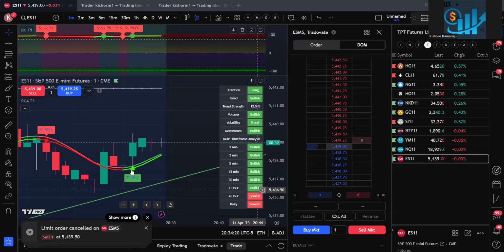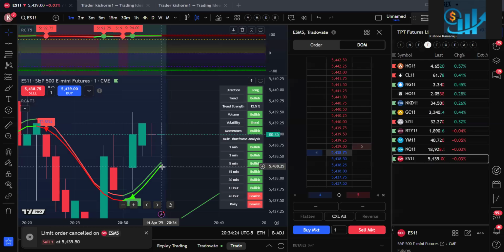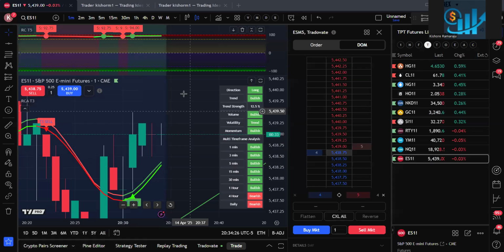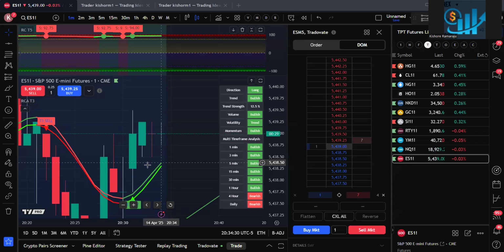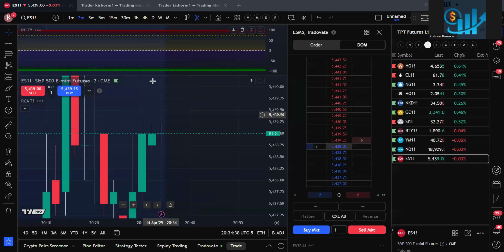Again, it can move much further high. But if we get a pullback, if it touches this, we can enter one more time. Always look at the proximity between the T5 and the candle. And also it went all the way to the top in 1 minute.